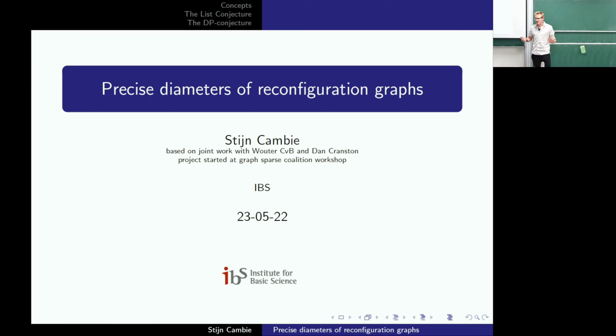Okay, so once all of this is clear, I first want to mention reconfiguration in general. Reconfiguration can be about almost anything. You have some objects and you want to reconfigure them, so slightly adapt them, where you have some allowed changes. You can have some small step and you can repeat this to go from one instance to another instance.